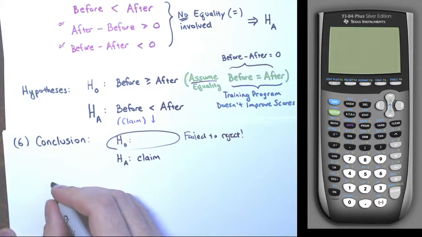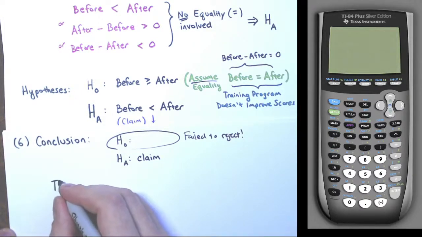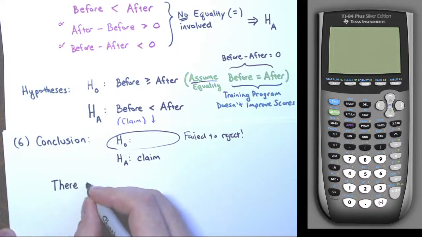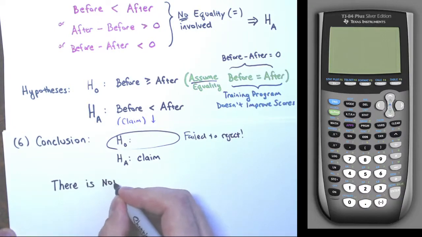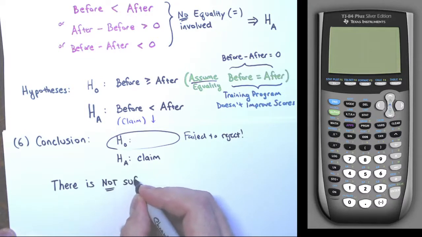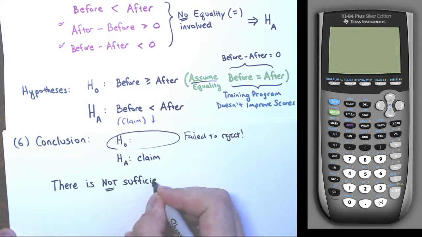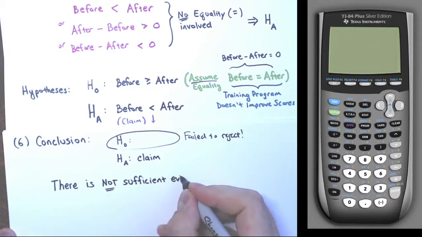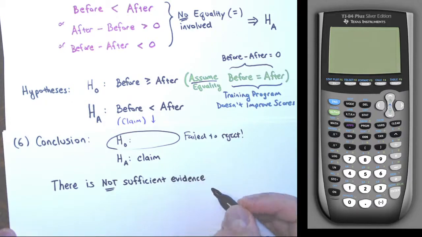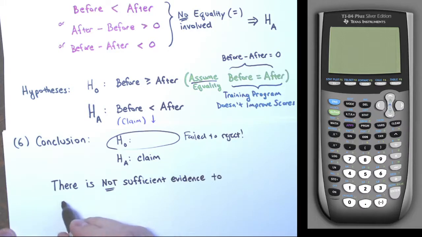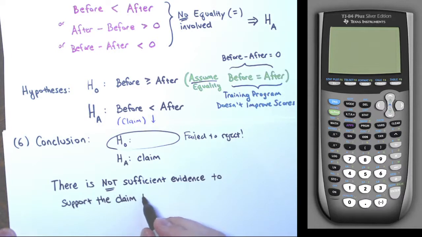So again, the specific wording: there is not sufficient evidence, there's not enough evidence in this sample to support the claim that the program improves customer service ratings.